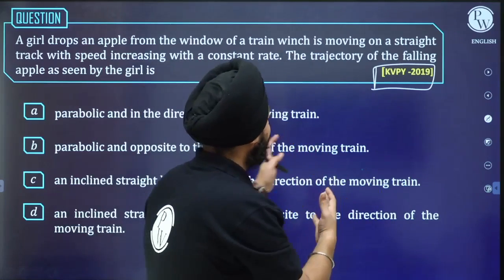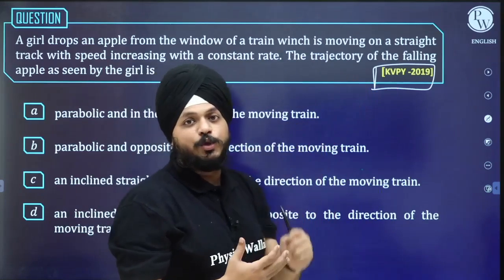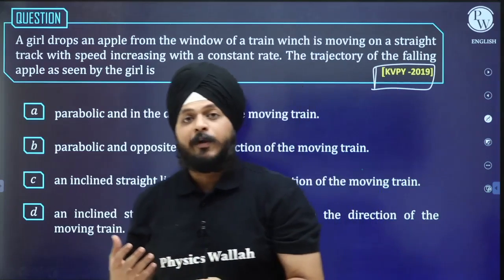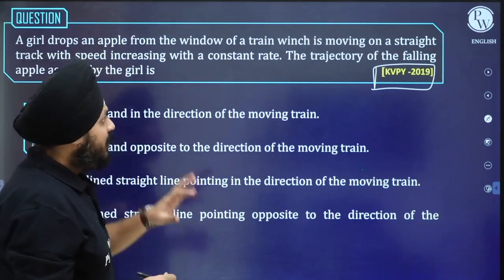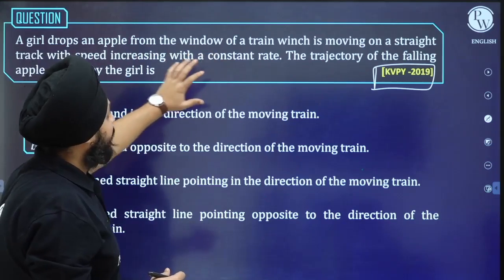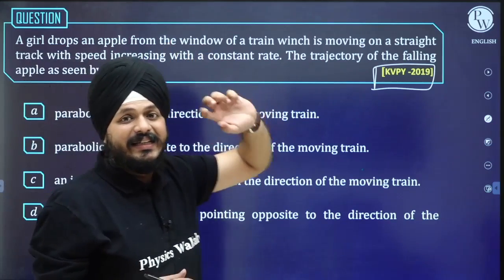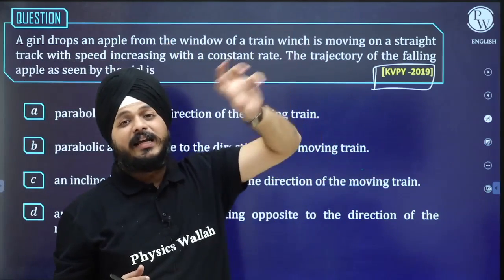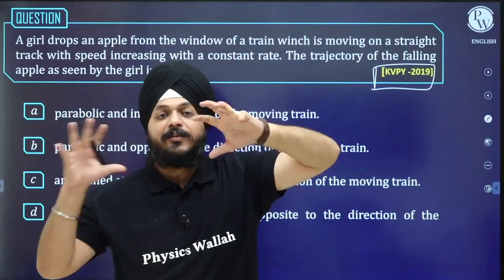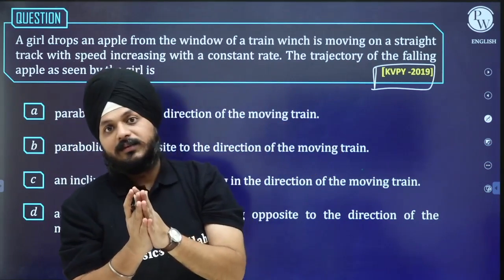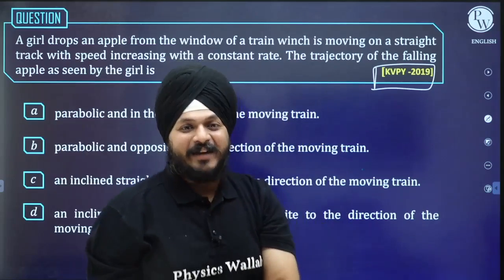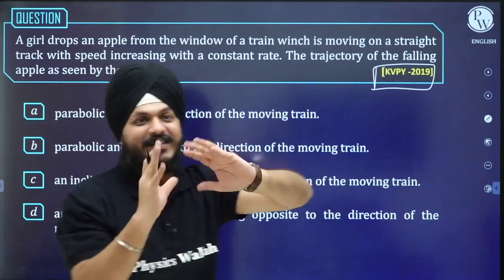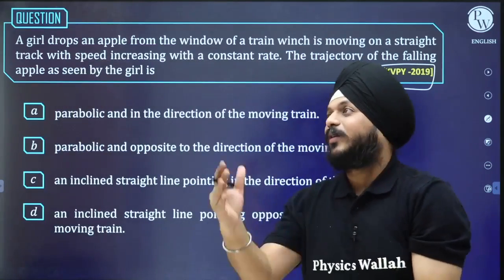Suppose I'm talking about this question that was asked in the KVPY paper of 2019. If you read the statement of the entire question, you will see it from the kinematics perspective. But physics is not all about seeing one thing from that part only. But let's stick to the point; we are not drifting.